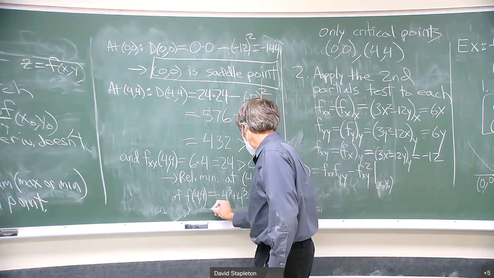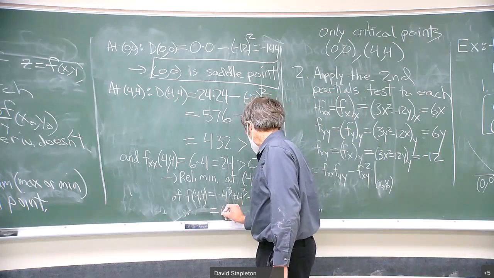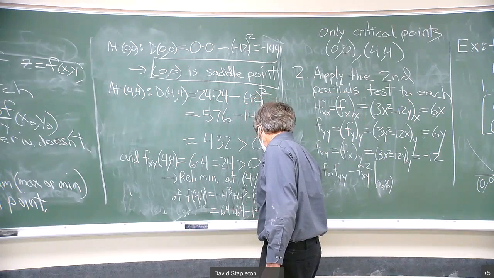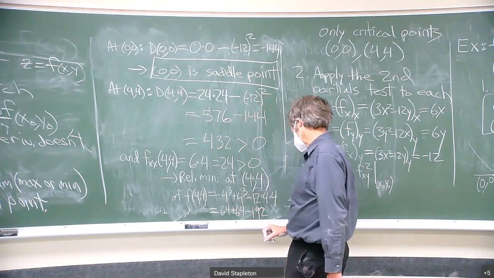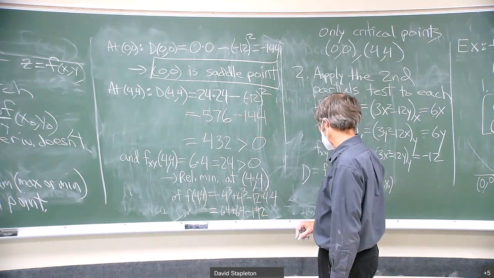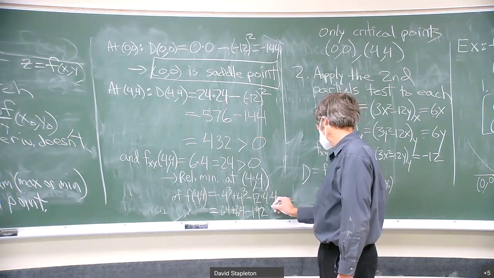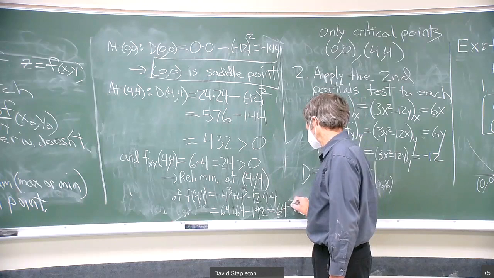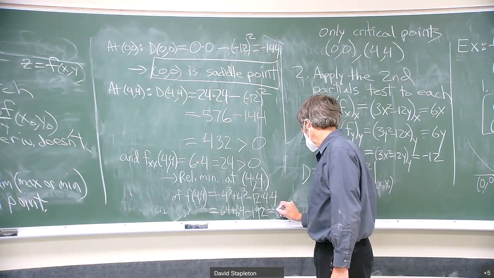So 64 plus 64 minus 192 is 128, take away 192 is minus 64.